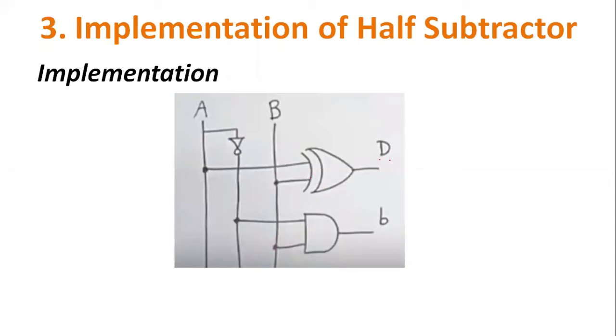D will be obtained by using one simple XOR gate, and borrow will be obtained by using, here we are getting A, and on this line we are getting A bar. At the output of this NOT gate we are getting A bar. So A bar and this B will give you the borrow. So this is about the implementation of half subtractor.